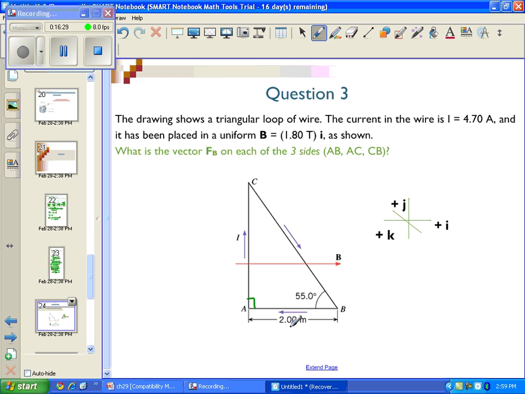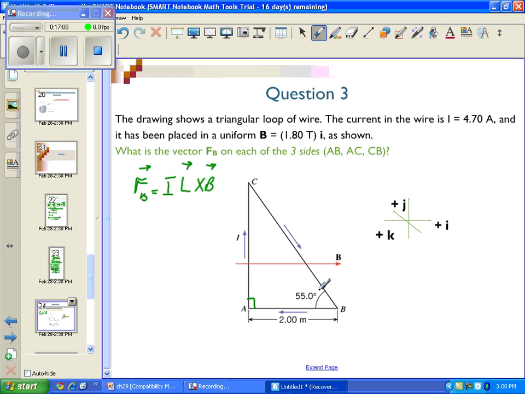Now, because we know the length of this line, let's go ahead and work up a way to express the length of this line, because when we use the expression FB, we will use I, the current in the wire, times L cross B. And so just alone for the magnitude, we need to know what the length of the segment AB is, with the length of the segment CB and the length of the segment BA. Now the length of the segment BA we already know is 2 meters.